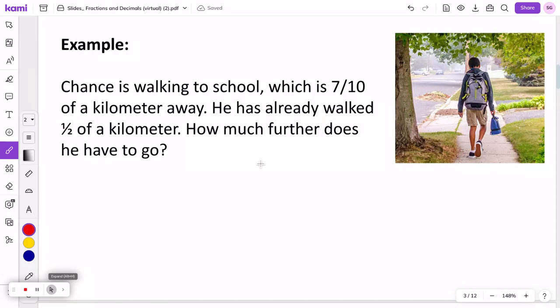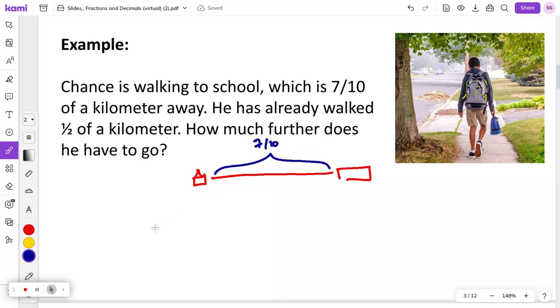So to summarize what the story is saying, he is walking to school, so maybe this is where he lives and he's trying to get to the school building. We are told that the school is 7/10 of a kilometer away. So that entire distance is 7/10, and he has already gone part of the way.